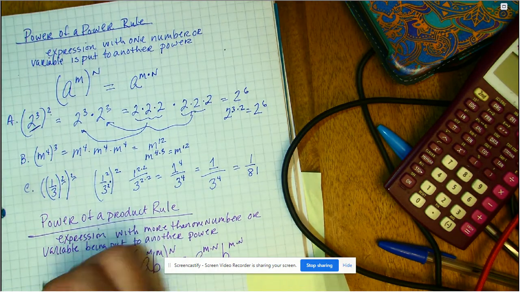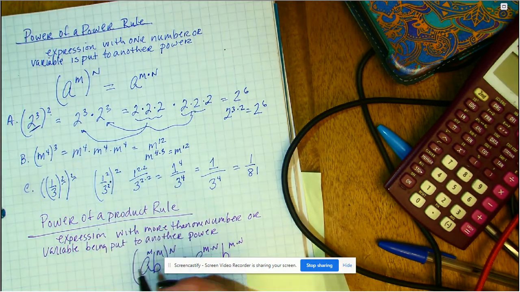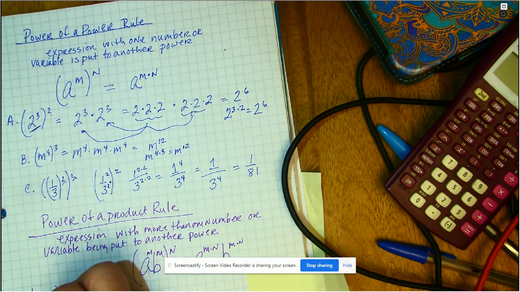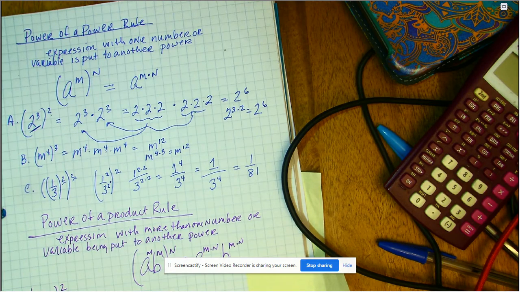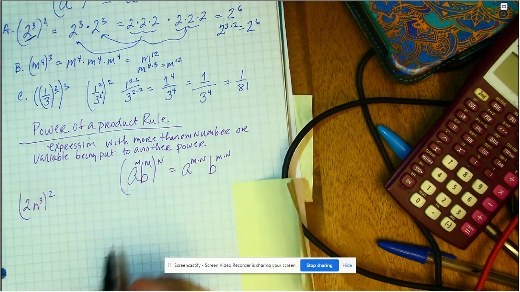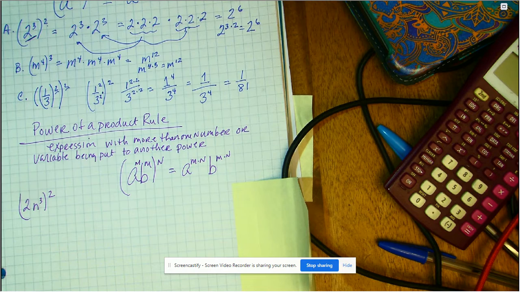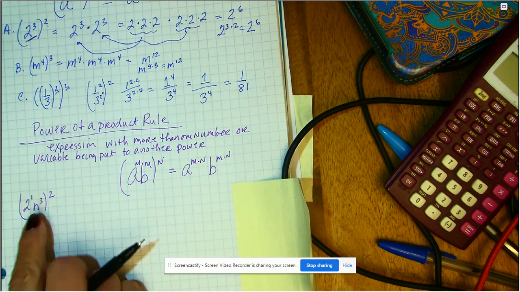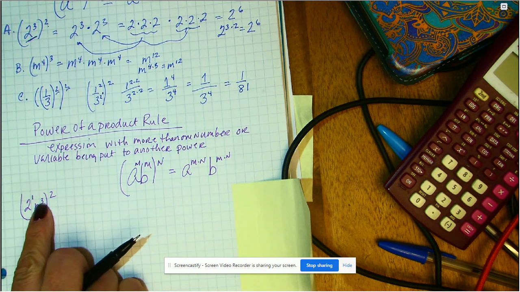Some examples, building off of what we had up here: if we took 2n cubed and we squared it. First, go through each part and make sure you know what the exponent is. 2 doesn't have an exponent here, so it must be 1, and n has 3.